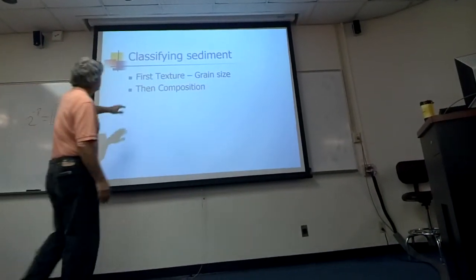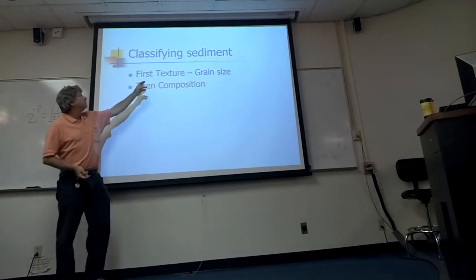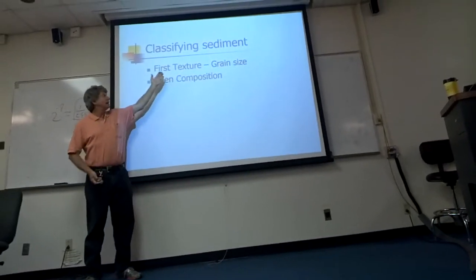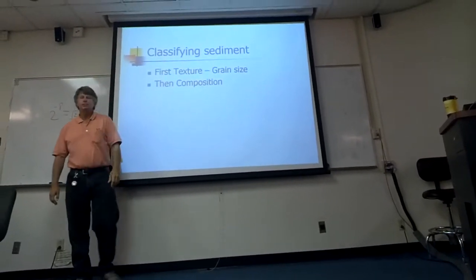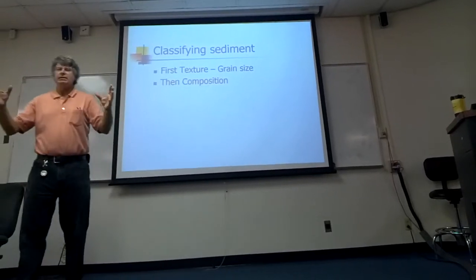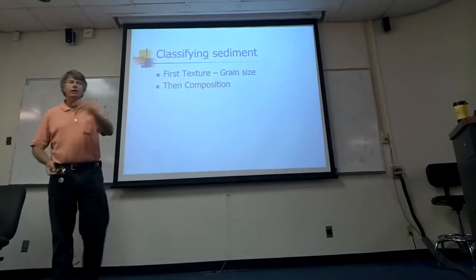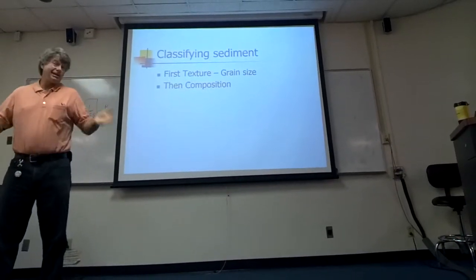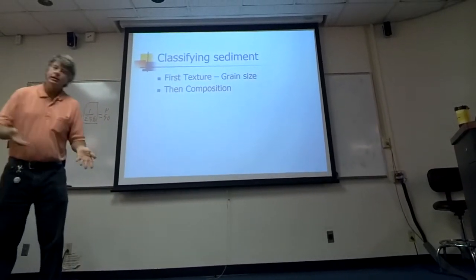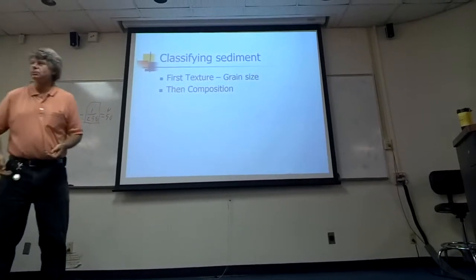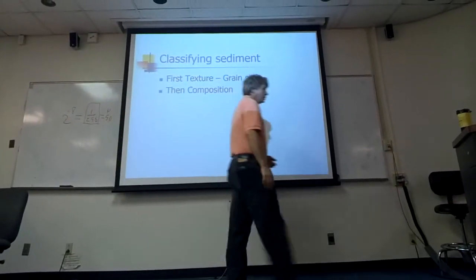The way that we do terrigenous clastics is we start off with texture. And by texture, primarily, we mean grain size. And then you go to composition. So is it a conglomerate? Is it a sandstone? Is it a siltstone? Is it a mudstone? Is it a claystone?